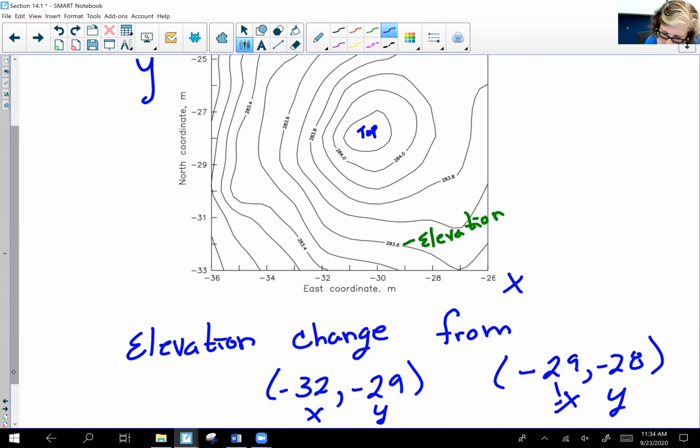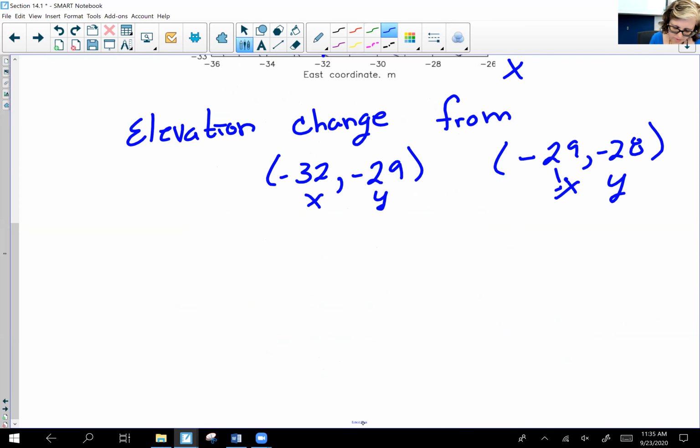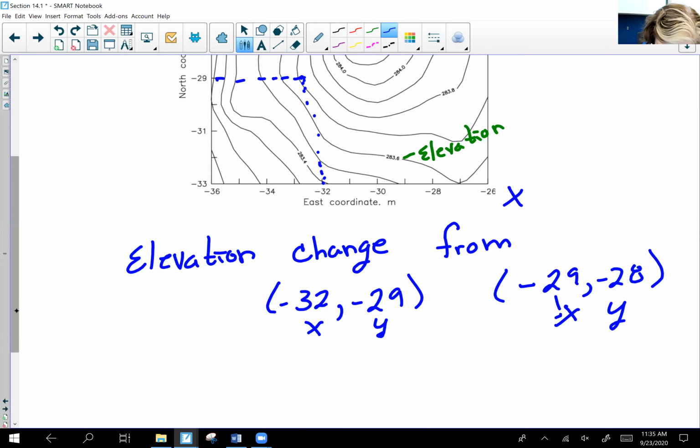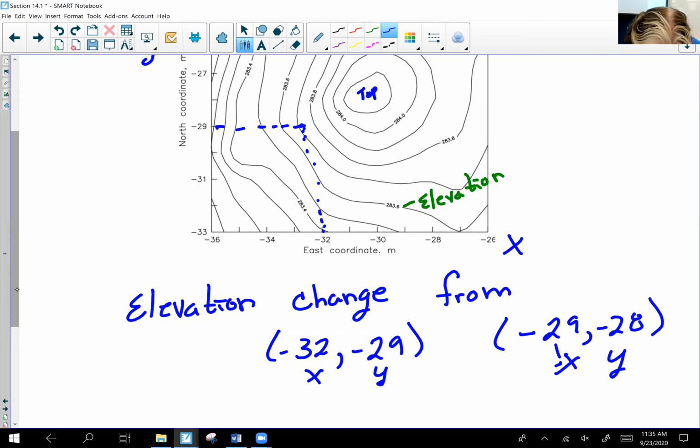So let's go ahead and look at -32, 29. I'm going to rough it out. You can use it to take averages, but we're going to say that's awful close to this elevation.